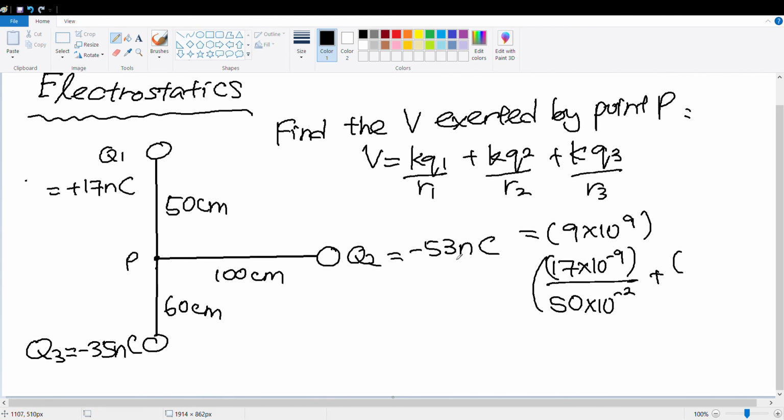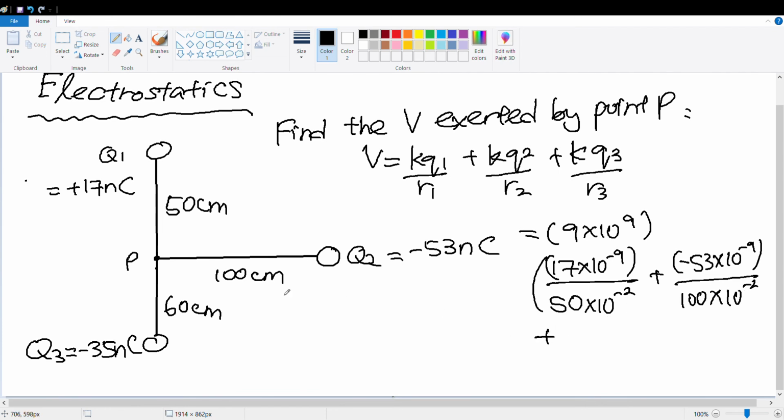Since Q2 is negative, we have to include the negative sign inside the equation: negative 53 times 10 to the power negative 9, divided by the distance from point P, which is 100 times 10 to the power negative 2.